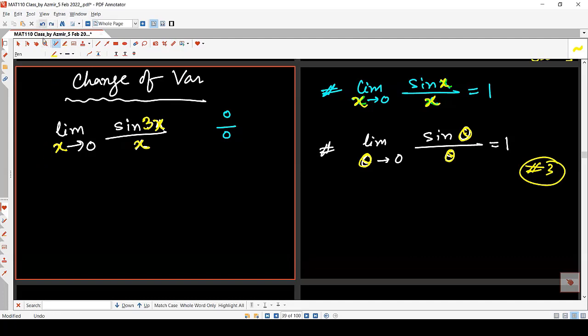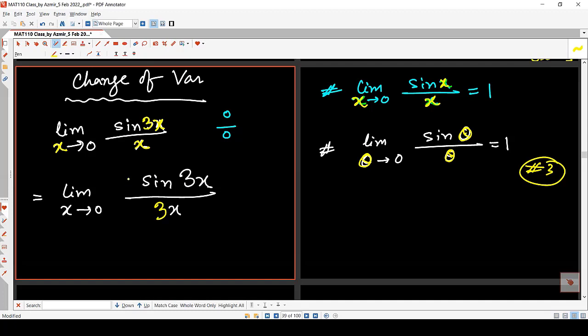So we need the help of change of variable. So let's see. Limit x tends to 0, sine of 3x divided by x. So just to have 3x in the denominator, suppose I am writing 3x, but it is not balanced with the previous one. So just to balance, I am again multiplying by 3 in the numerator. Now 3 and 3 can be cancelled. We have the same thing.